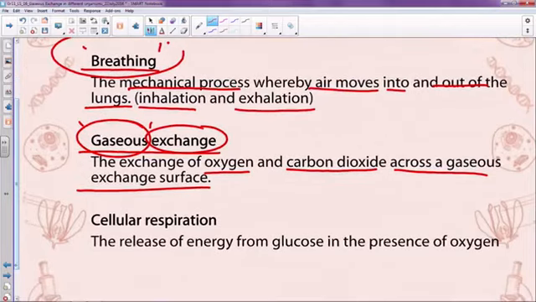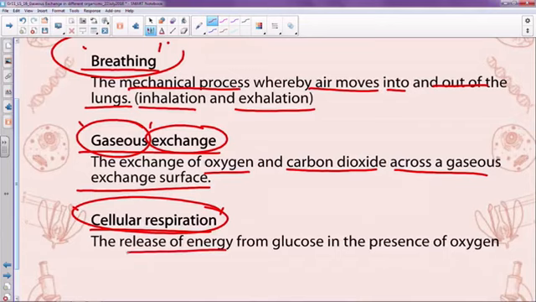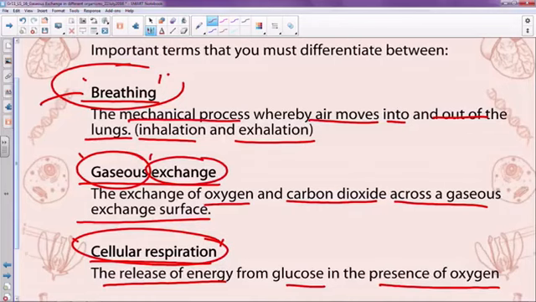And that brings us to the last concept which we need to understand and differentiate from the others, which is cellular respiration. If you recollect from the last couple of episodes in the previous term, respiration refers to the release of energy from glucose in the presence of oxygen, and this occurs at a cellular level in the mitochondria. So here we're going from breathing, which is at an organ level, assisted by the lungs.